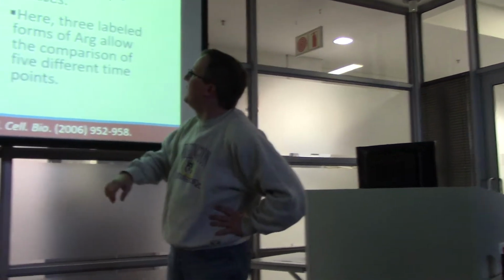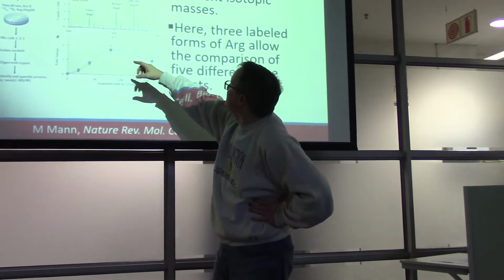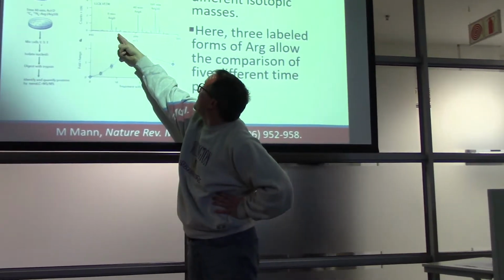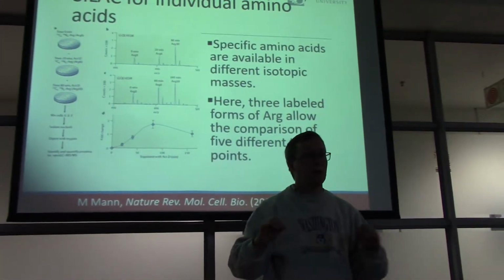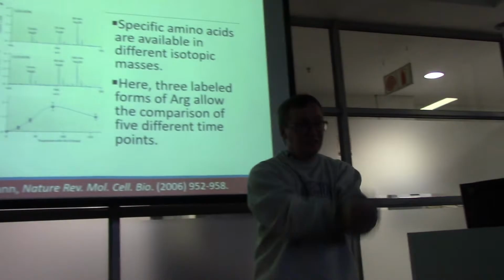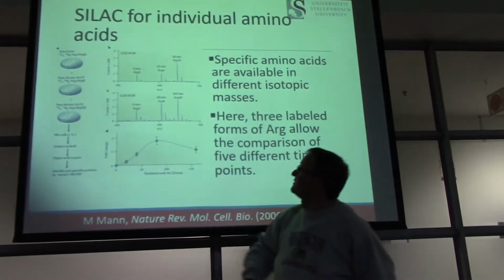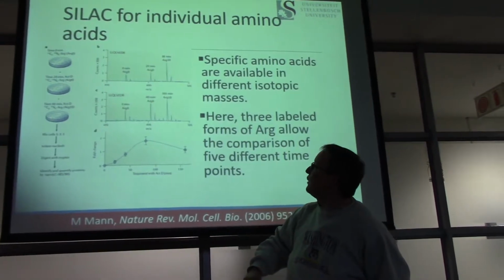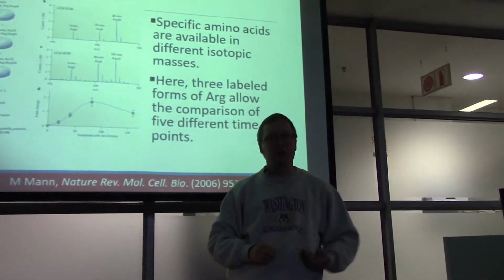So if you were to look at this, you would see in this case we have a 0-minute, a 40-minute, and a 160-minute experiment that are all being run together. And we're able to compare one peptide, in this case LLQ-LVEDR, based on what weight that arginine is contributing.